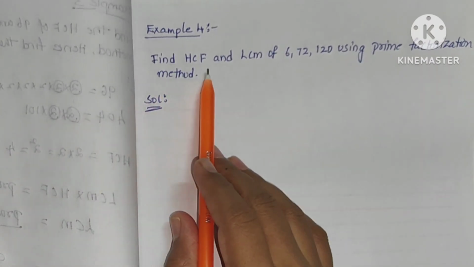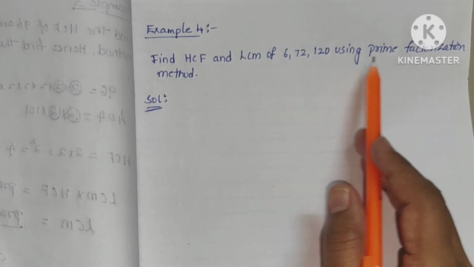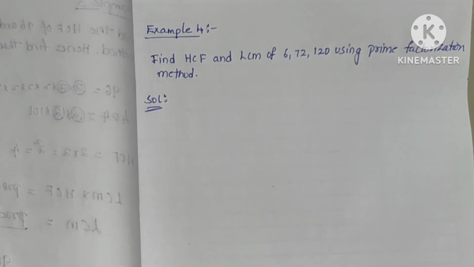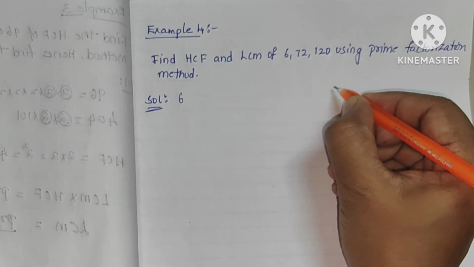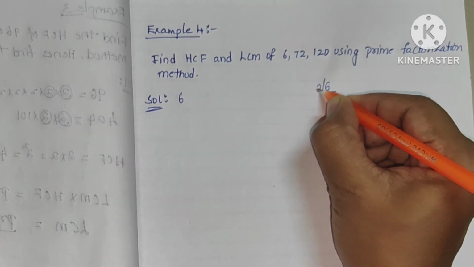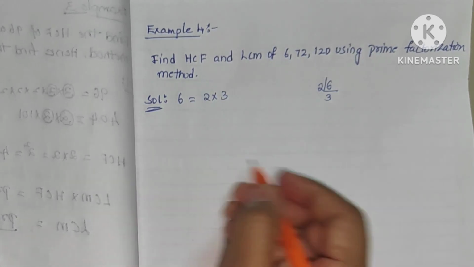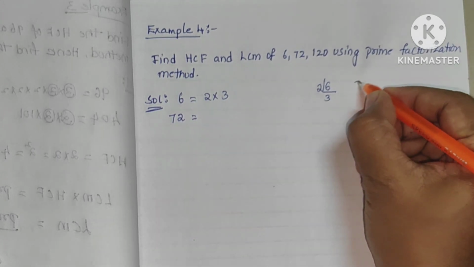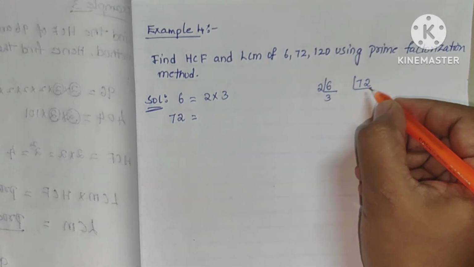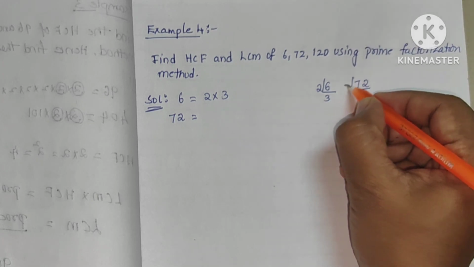Example 4. Find HCF and LCM of 6, 72, 120 using the prime factorization method. So here 3 numbers are given. First 6. 6 means 2 3s. Prime factors 2 into 3. Next 72. Here in the units place 2 is there, so it is divisible by 2.